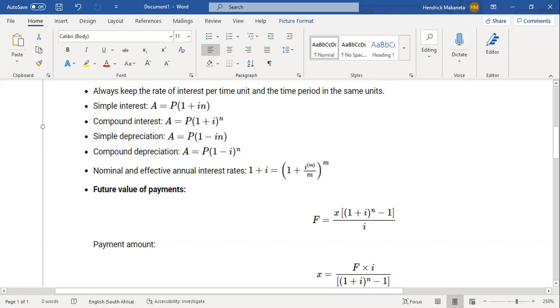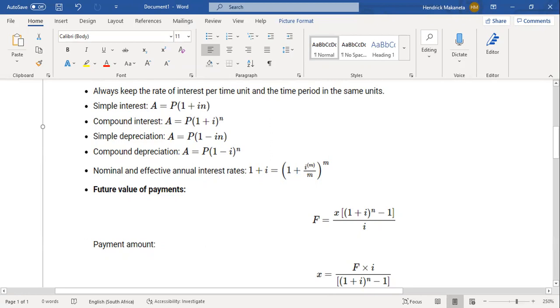As you can see, A is equal to P into 1 plus in. That is the simple interest, and the compound interest, A is equal to P into 1 plus i to the power of n. And of course, the difference here will be the negative sign when you look at the straight line depreciation as well as the reducing balance depreciation.